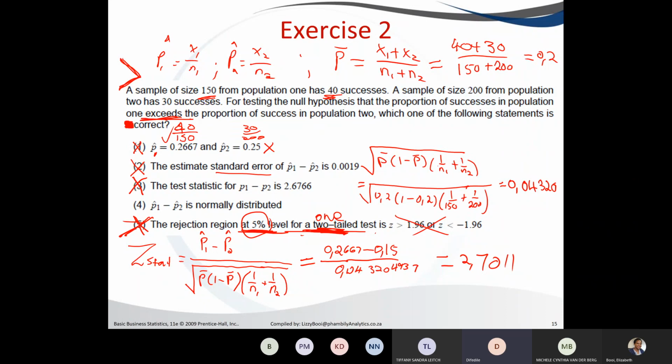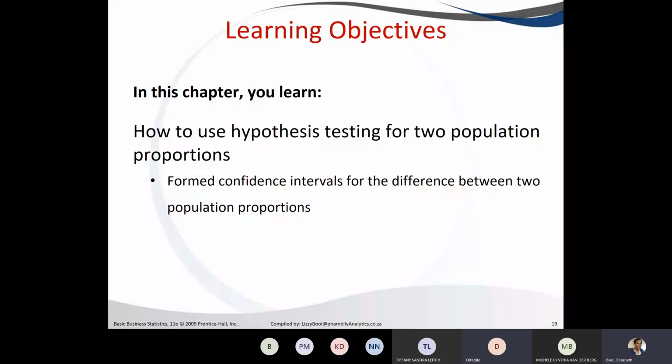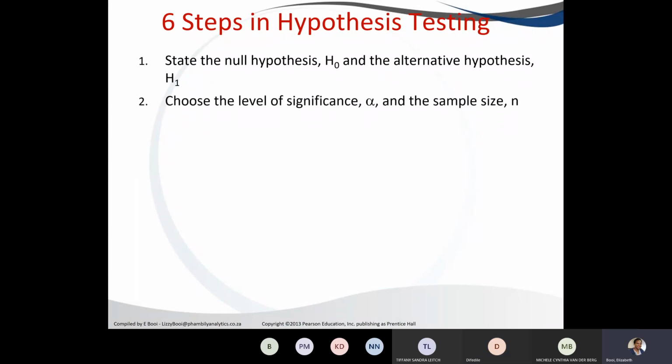Thank you. Okay, thanks. Okay, so let's look at confidence intervals.